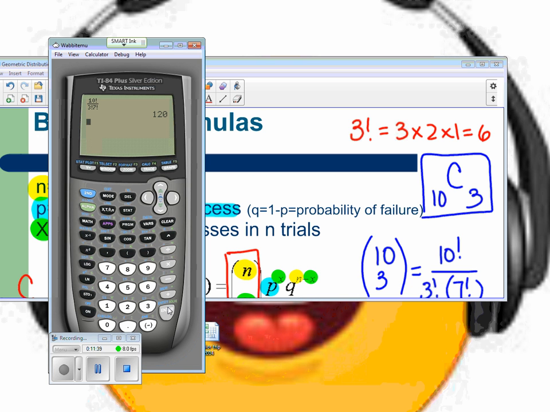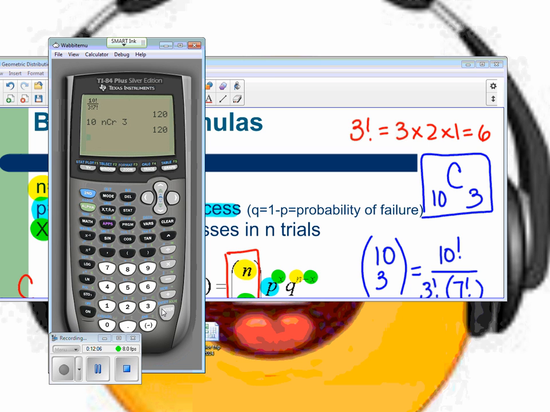You simply say 10, then we find this NCR button that Sammy was referring to, found underneath math, probability, NCR. Then you hit 3, and you should get the same answer. So that is just a shortcut on how to find the first part of the formula.